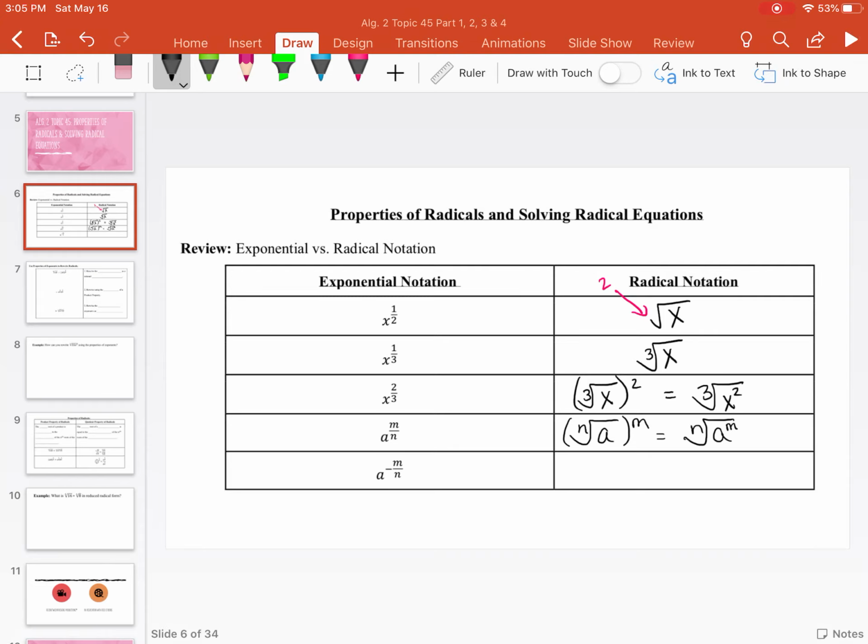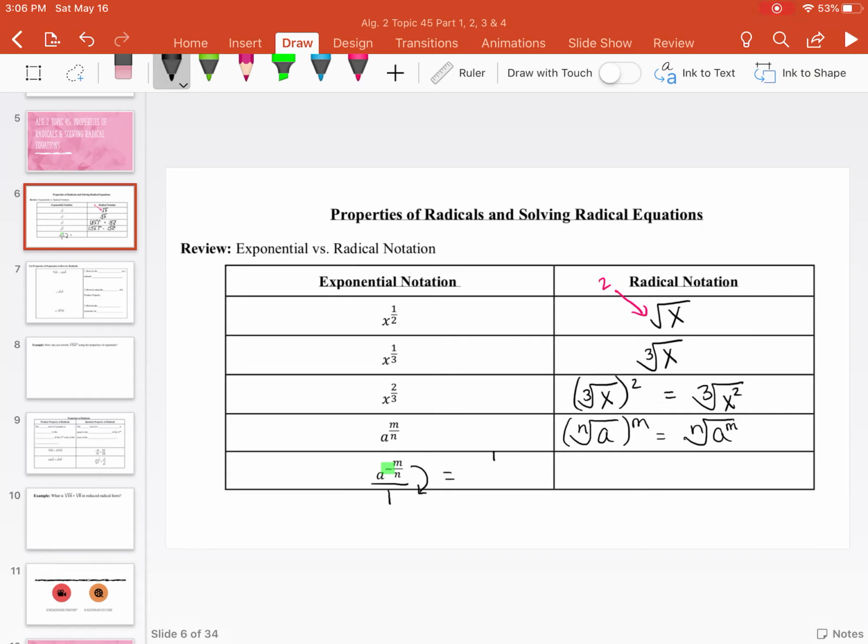Now in our next example, we have a to the negative m over n power. So if we think back to our properties of exponents, whenever we have a negative exponent, we like to move it. Here, this is in the numerator. In order to make this a positive exponent, we're going to bring this entire quantity down, because it's attached to the exponent, to the denominator to make it positive.